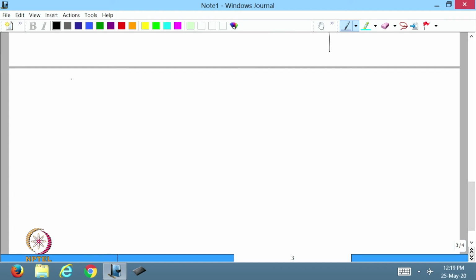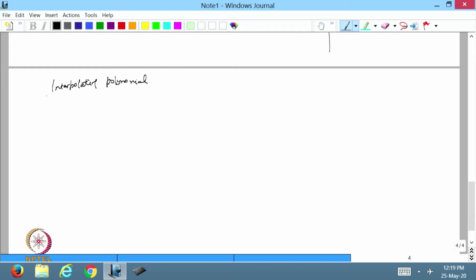So first of all, I will try to find how we can find any general interpolating polynomial. So let us discuss that. Interpolating polynomial in general.